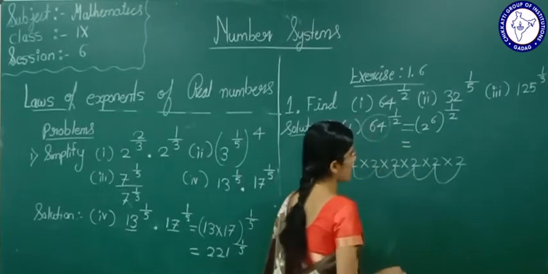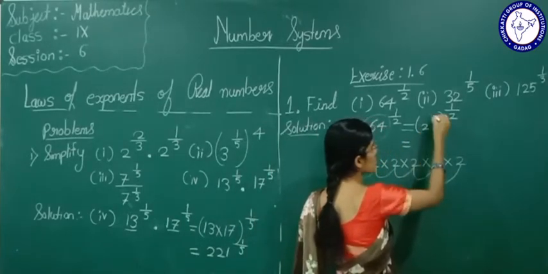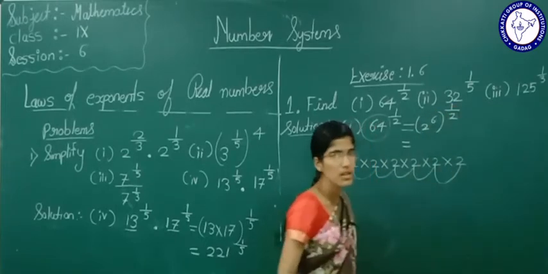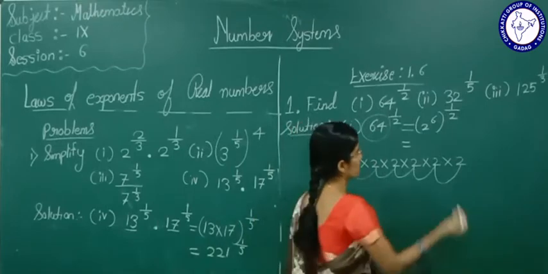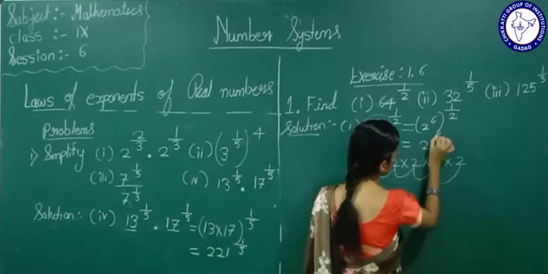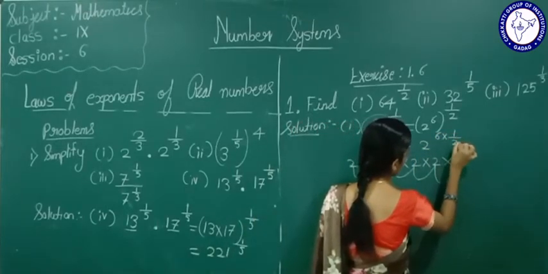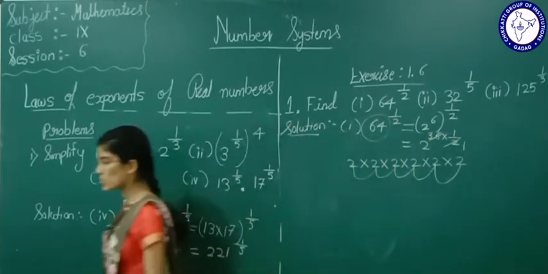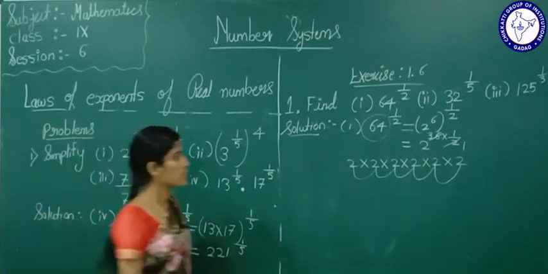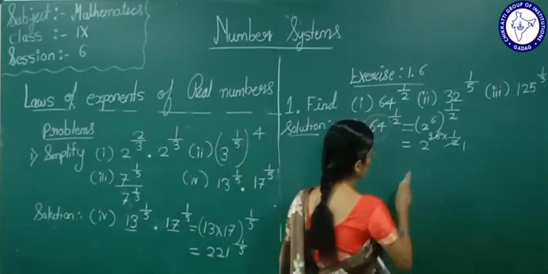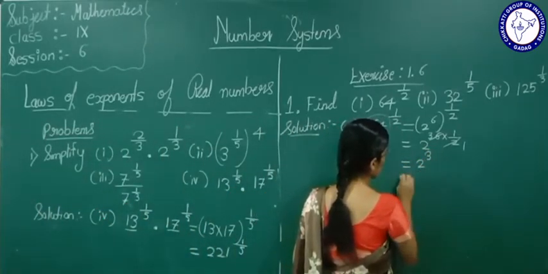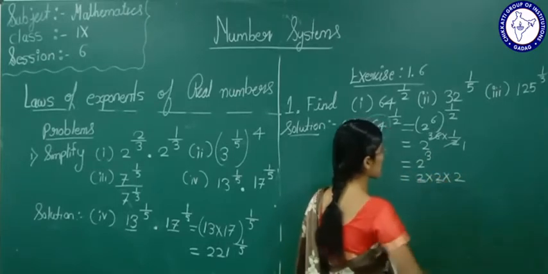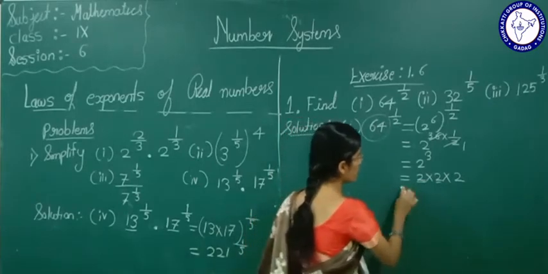Now we know that (a raised to p) raised to q is nothing but a raised to pq. So 2 raised to 6 into 1 by 2. Here 2 ones are 2, 2 3s are 6, so it is 2 raised to 3. What is 2 raised to 3, students? 2 raised to 3 is 2 multiplied 3 times: 2 2s are 4, 4 2s are 8.